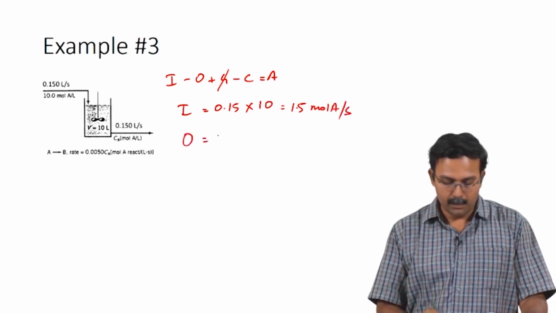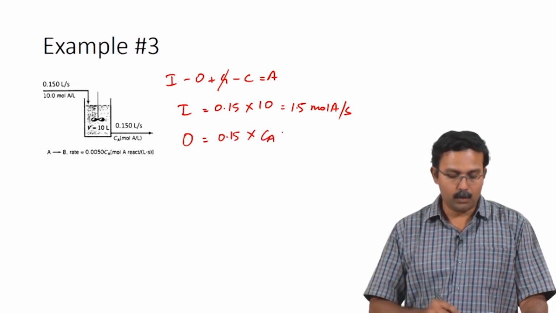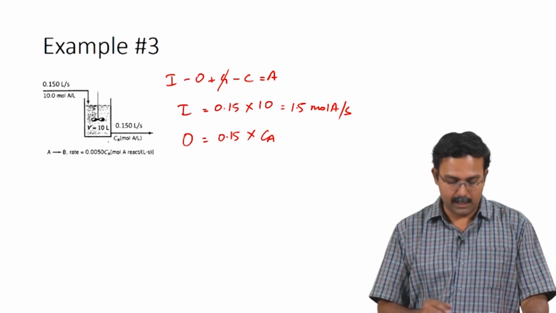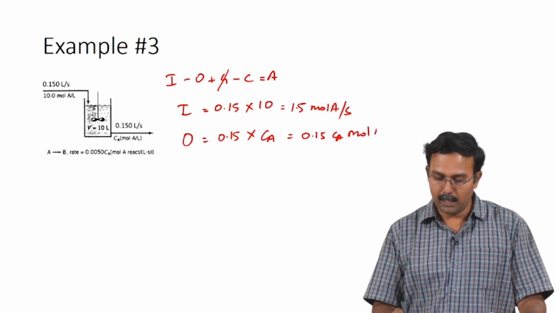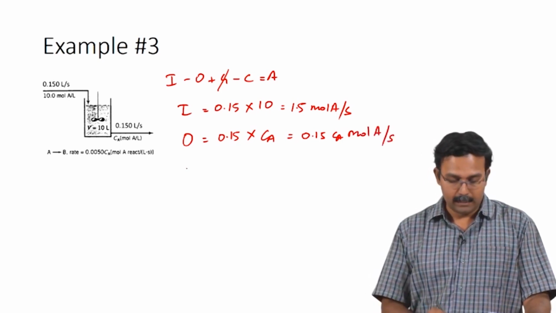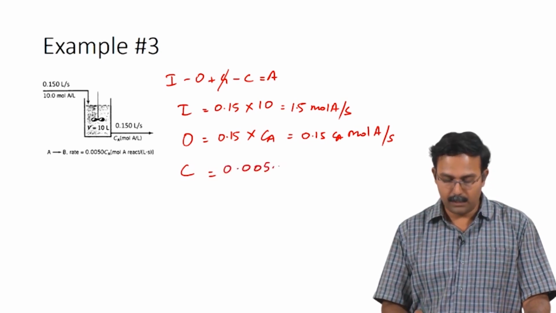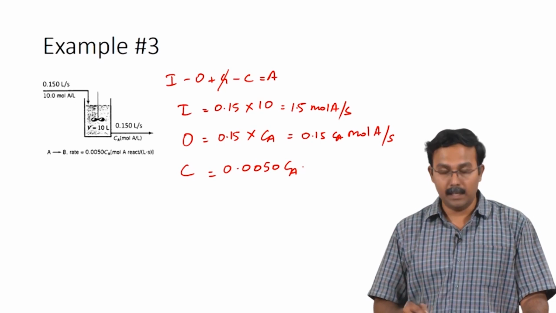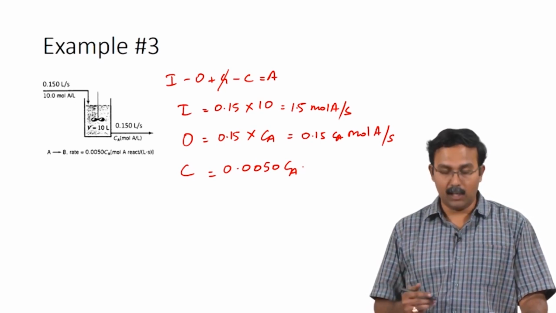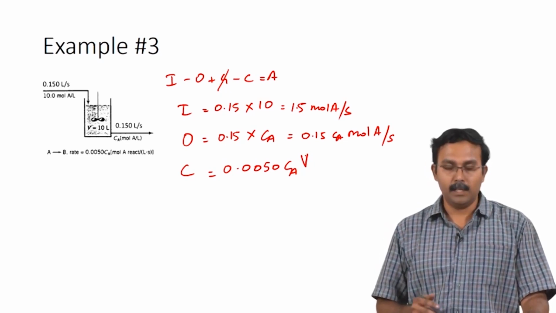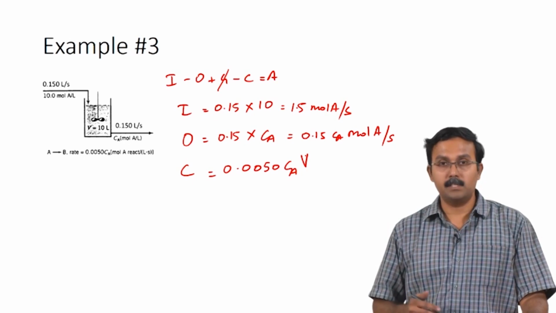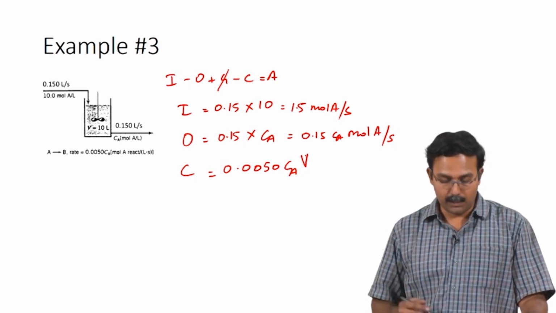So, output would be 0.15 times CA. We do not know the outlet concentration, so we will just call it CA as given in the problem. So, 0.15 CA would be the moles of A in the outlet stream per second. The consumption term has been given as 0.0050 CA, which is the rate equation, and as we had discussed already, this has to be multiplied with the volume of the reactor to get the moles of A which is consumed within the reactor per unit time.